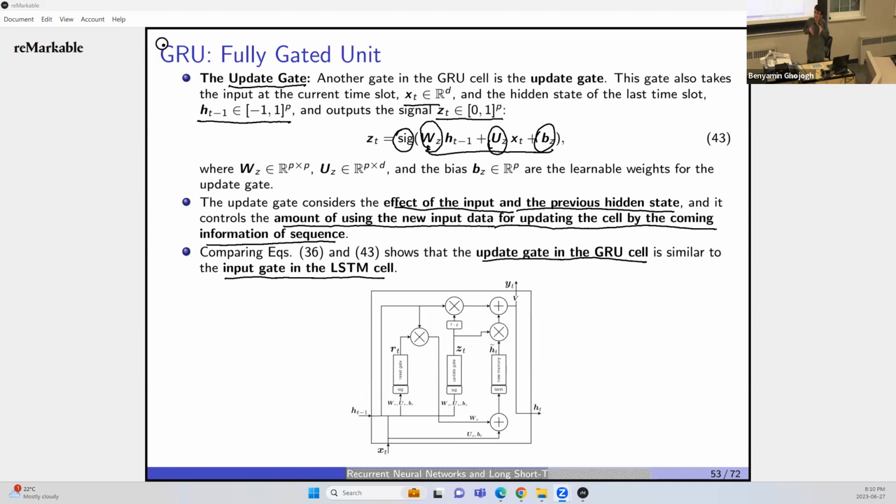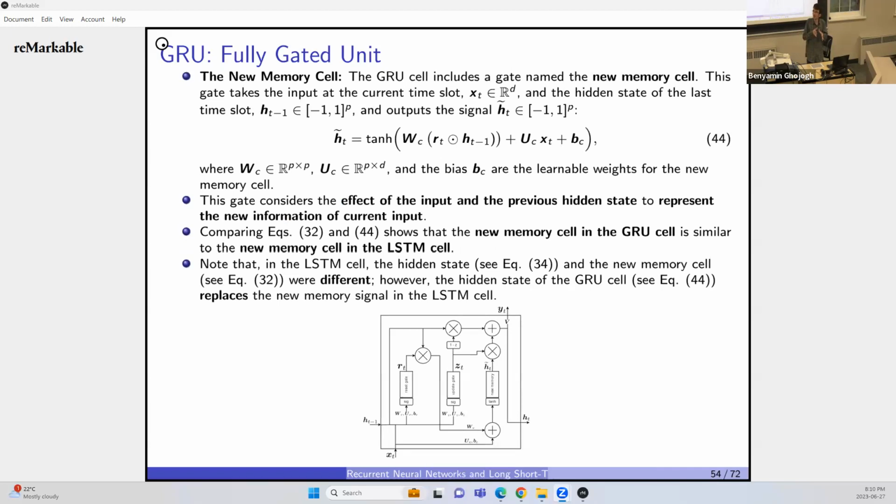However, the big difference between the LSTM cell and the GRU cell is this. The renaming was just psychological, but now we go to the big difference. What was that? So this is this. We have the new memory cell. It takes xt, it takes ht minus 1, and it outputs ht tilde, a p-dimensional vector.